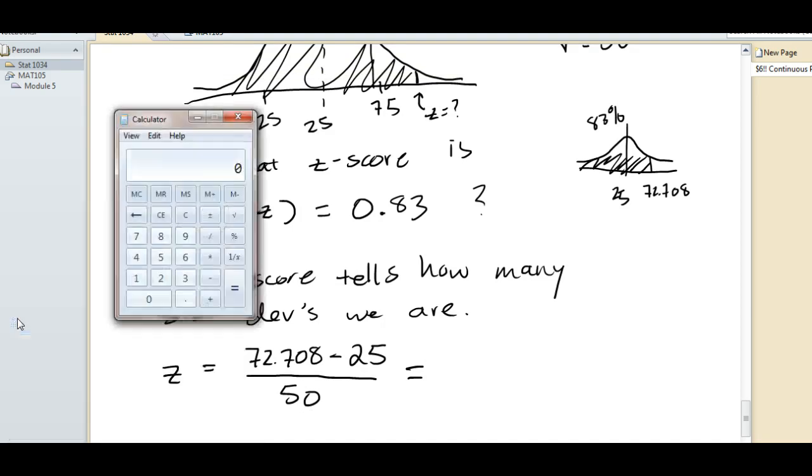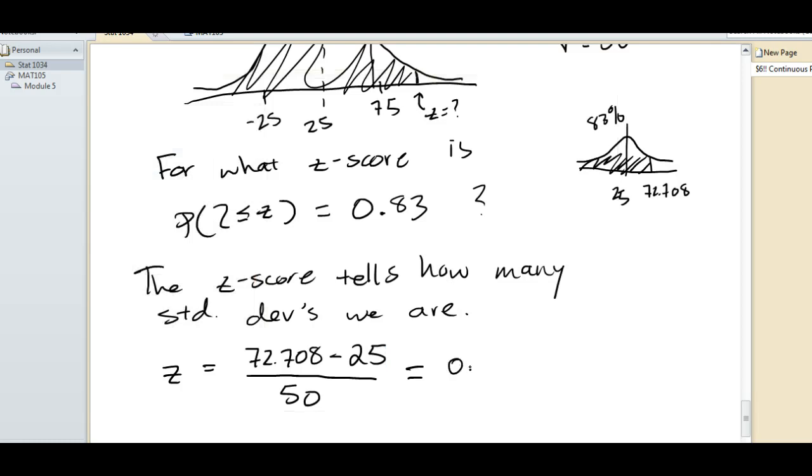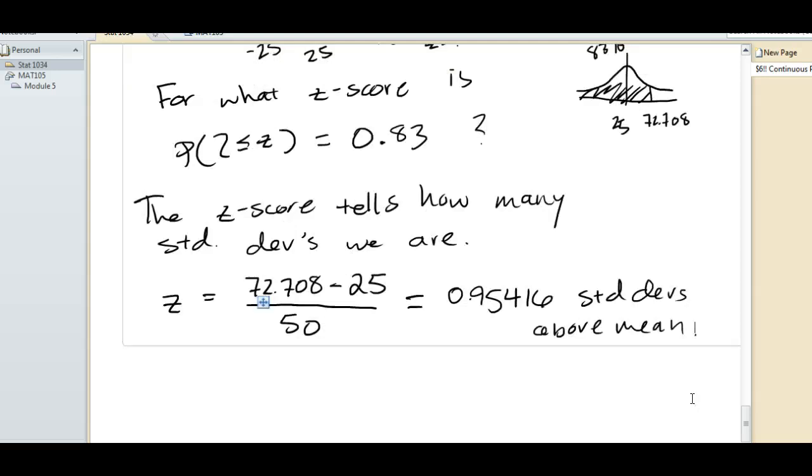So let's go ahead and do that. 72.708 minus 25 equals this, and then we divide by 50, and we see that it's 0.95416 standard deviations above the mean. Okay, so that's how we figure out the z-score of a value on the normal curve.